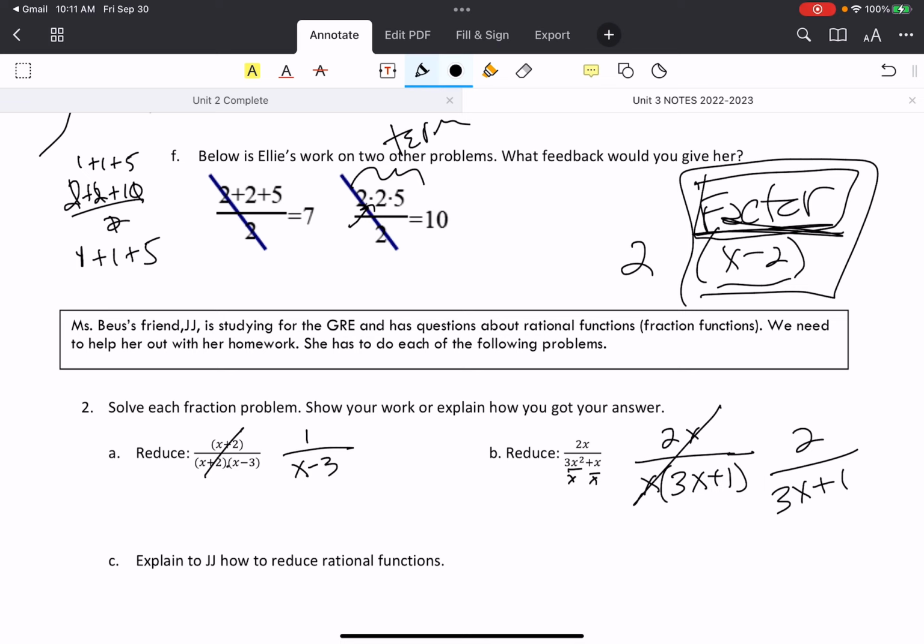I want someone I have not heard their lovely voice yet today, okay, explain to JJ, whoever that might be, how to reduce rational functions. I was looking around thinking, who's JJ? I'll wait. We'll just dip into your homework time. I can wait.